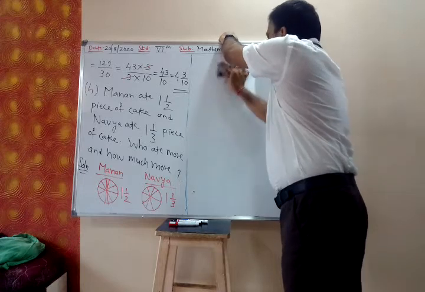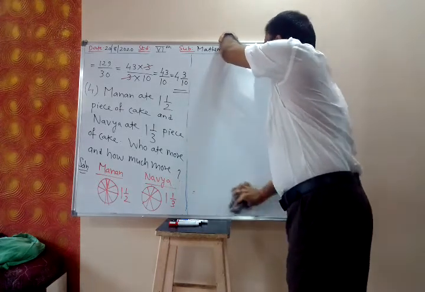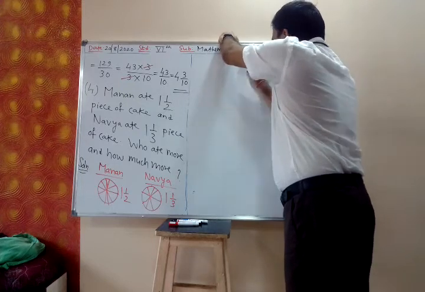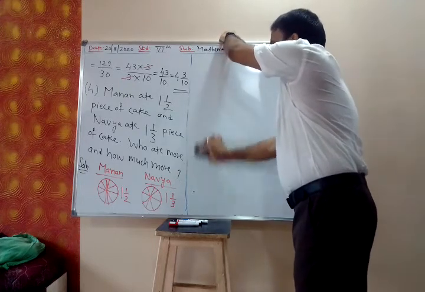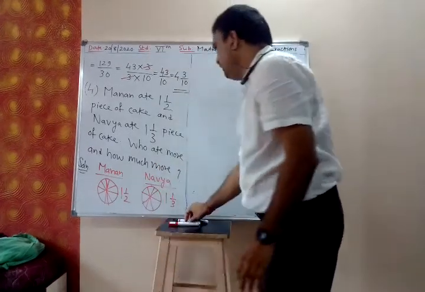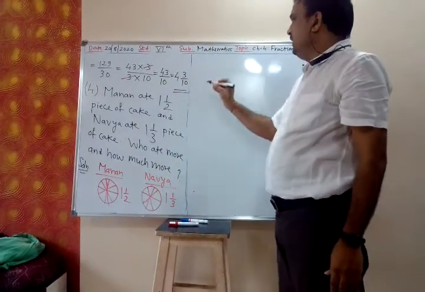To decide which fraction is bigger, we convert them into like fractions, and then we see the numerator. First you have to convert this mixed fraction into improper fraction.